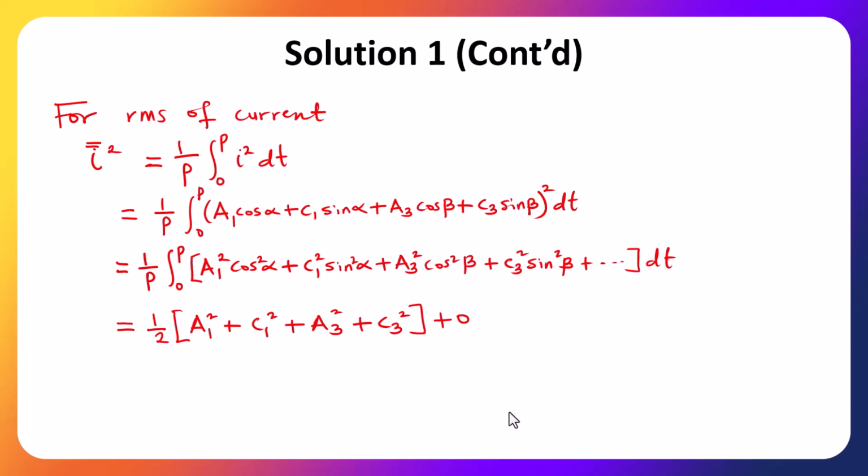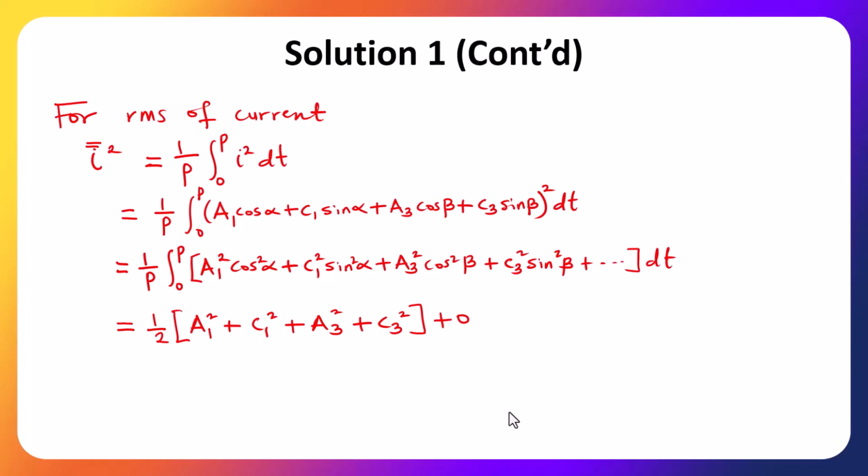And we also know that 1 over P integral of A1 squared cos squared alpha is equal to 1 over 2, so it will give us A1 squared over 2.